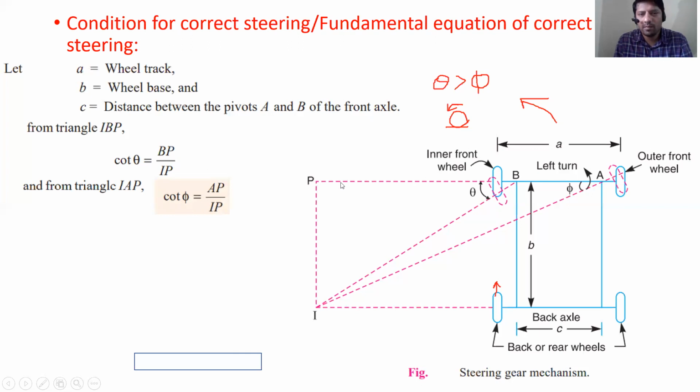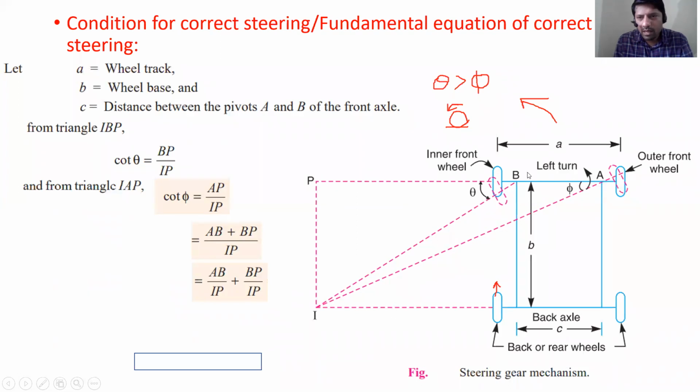Getting it? AP upon IP. Now this AP, this distance is the sum of AB plus BP. So cot phi is equal to AB plus BP upon IP. Again, you separate these two terms, AB upon IP plus BP upon IP. So what is this AB upon IP?